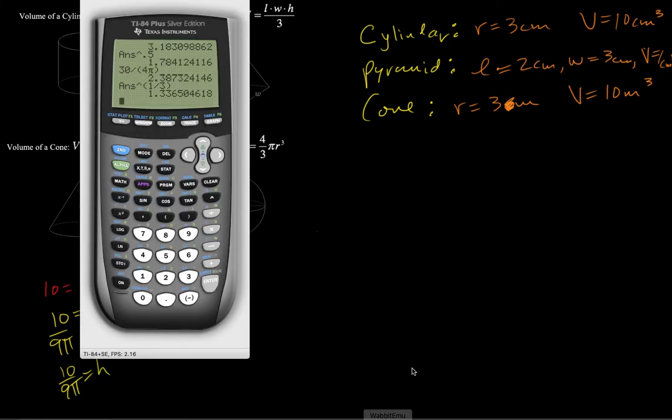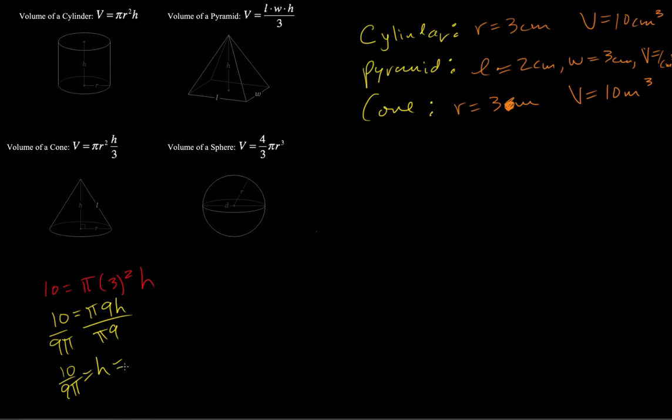Go over to the calculator. 10 divided by 9 pi. Okay, 10 divided by 9 pi. And that's 0.354. And that's measured in centimeters.